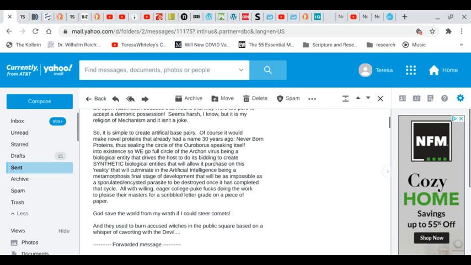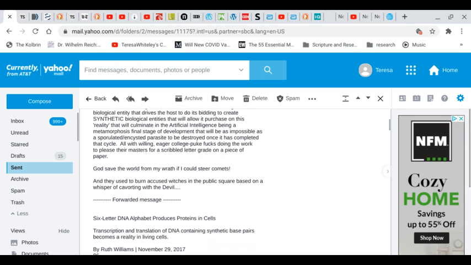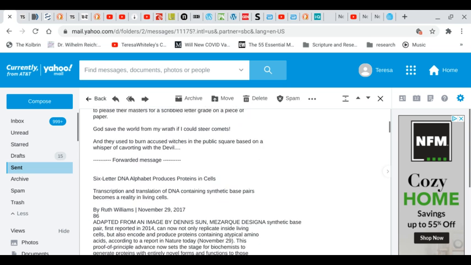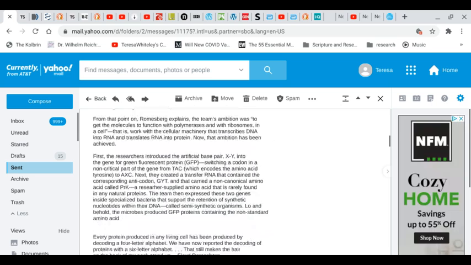All with willing, eager college fools doing the work to please their masters for a scribbled letter grade on a piece of paper. God save the world from my wrath if I could steer comets. And they used to burn witches in the public square based on the whisper of cavorting with the devil.